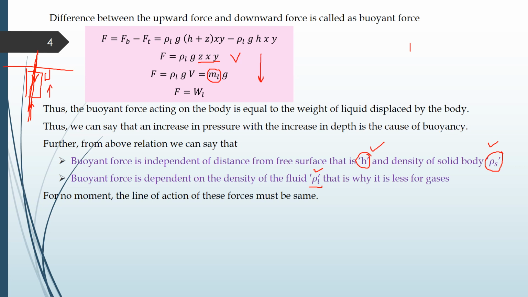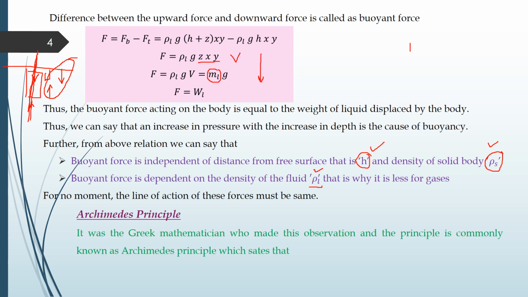If one force is acting like this and another is acting like this, the line of action of these forces is not the same, due to which there will be generation of a moment, and certainly there will be some disturbance. So in order to have no moment, the line of action of these forces must be the same, that is, they should act along the same line.